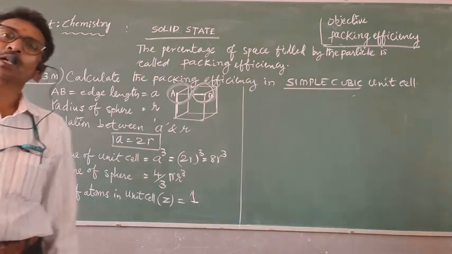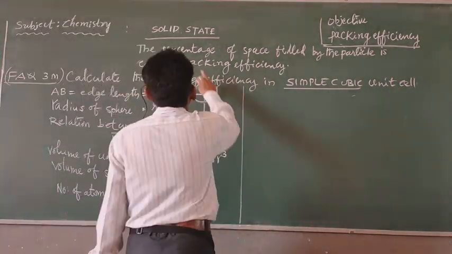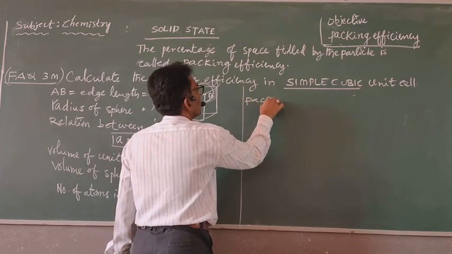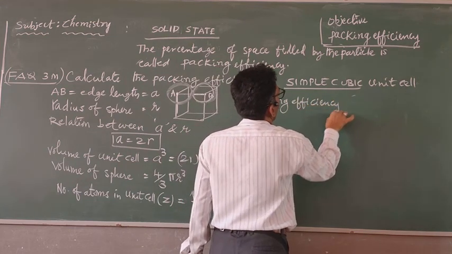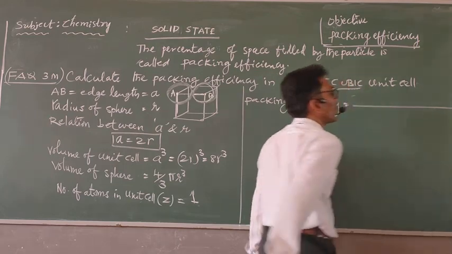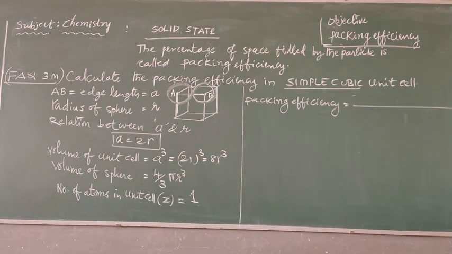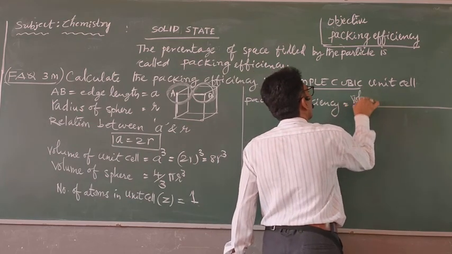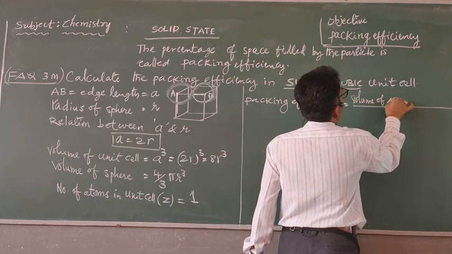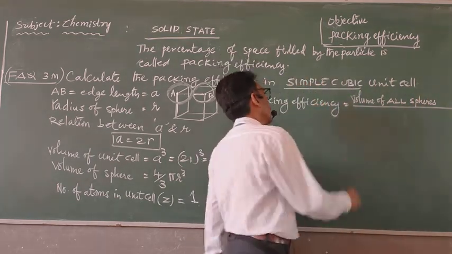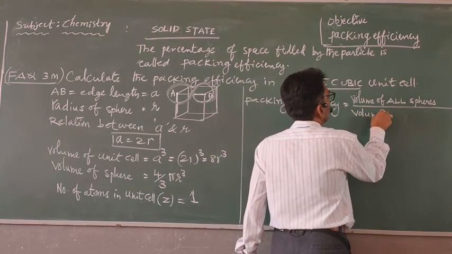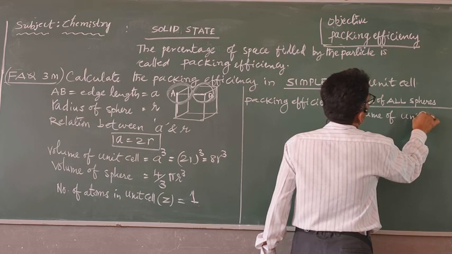Now we come to the important thing, that is the formula to calculate packing efficiency. Packing efficiency is equal to, as the numerator you write how much space is occupied by the particles, that is the volume of all spheres in the unit cell, divided by the volume of unit cell.